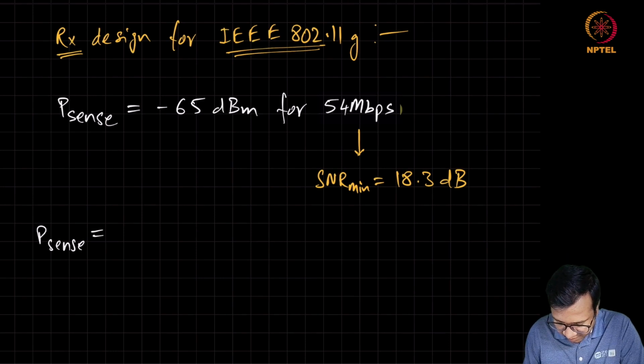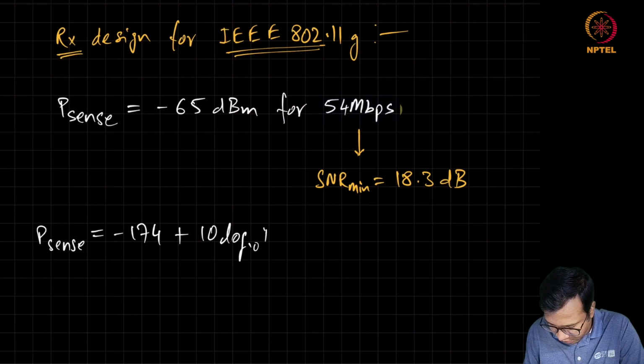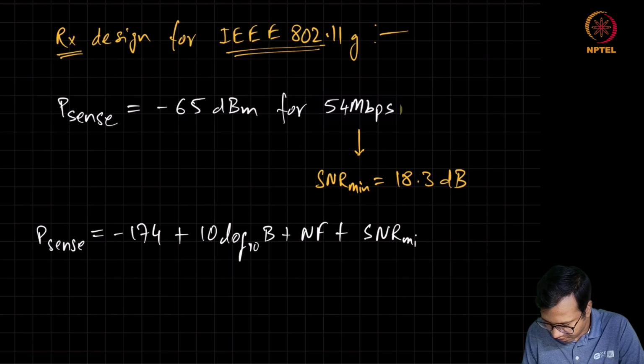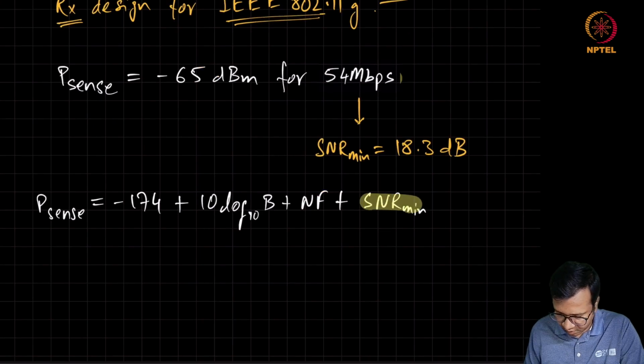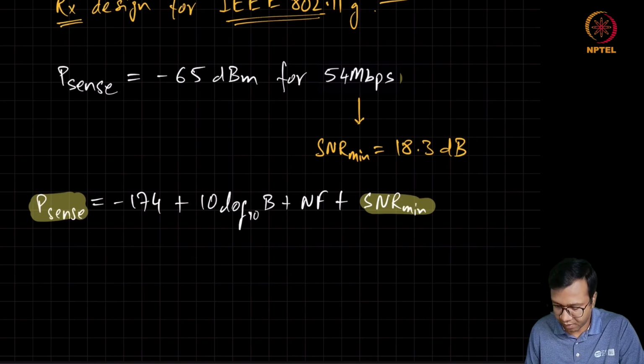So we know the sensitivity is equal to minus 174 plus 10 log B plus the noise figure plus SNR min. So SNR min we already know, the sensitivity we already know from the standard.